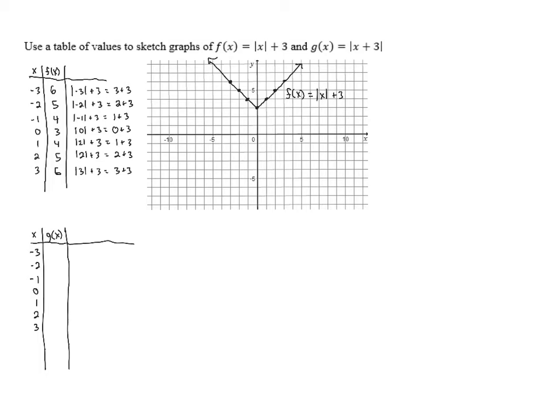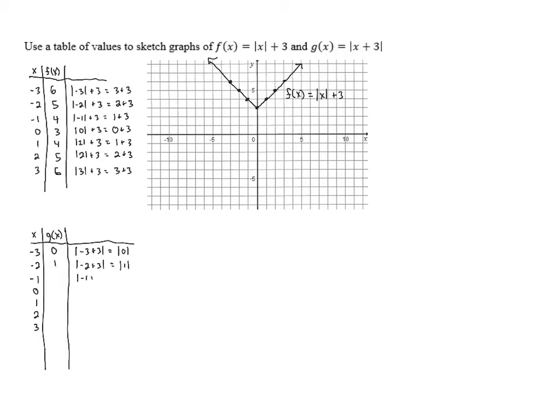We've got the absolute value of x plus 3. So in this case, the absolute value of -3 plus 3, that's the absolute value of 0, which is 0. Here it'll be the absolute value of -2 plus 3. That's the absolute value of 1, which is 1.